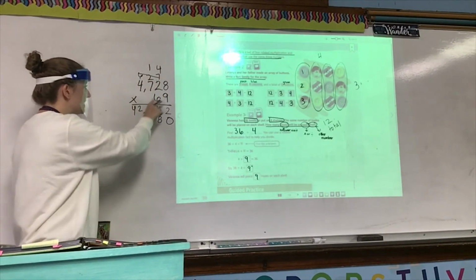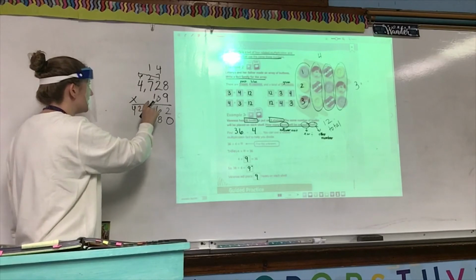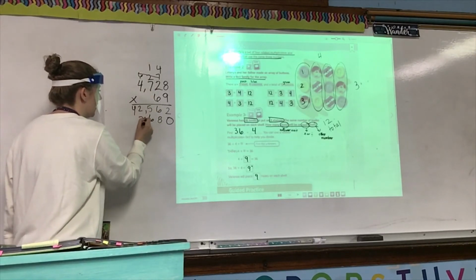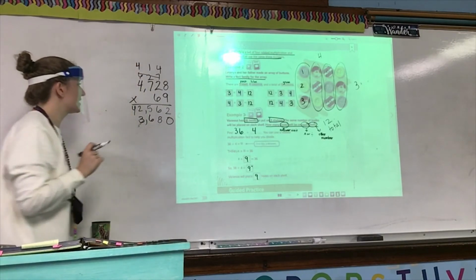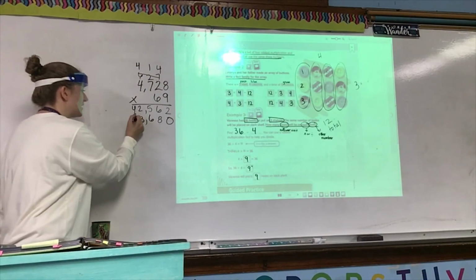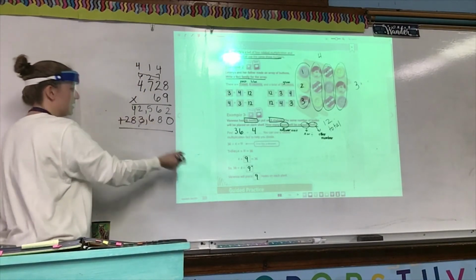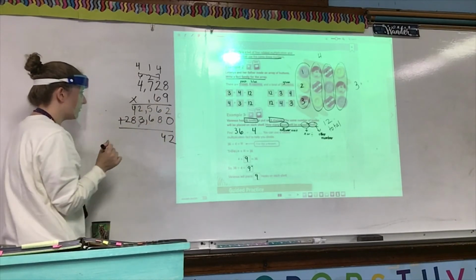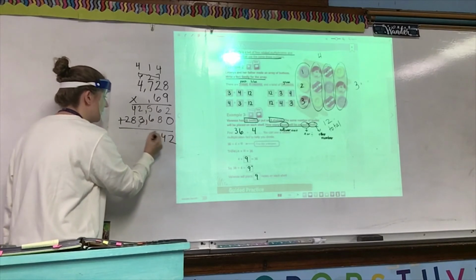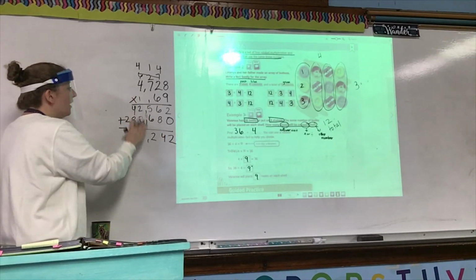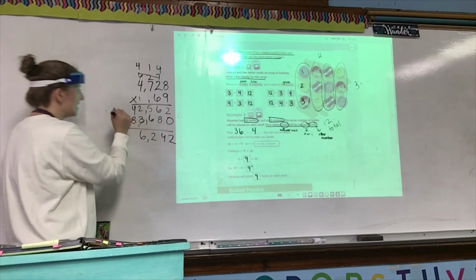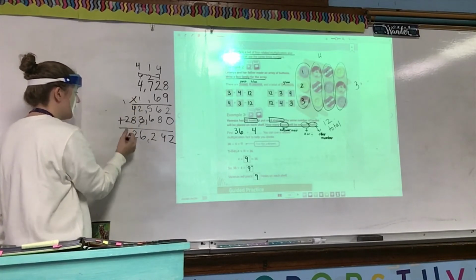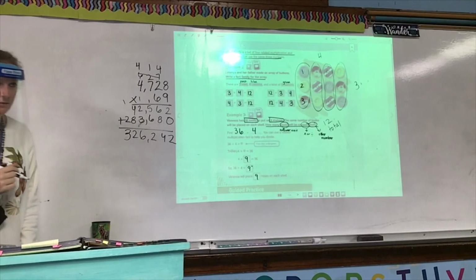Bring down my comma. 6 times 7 is, sorry, 42 plus 1 is 43. 6 times 4 is 24 plus 4 is 28. 2 plus 0 is 2. 6 plus 8 is 14. Regroup the 1. 5 plus 6 is 11. Plus 1 is 12. Regroup the 1. 3 plus 2 is 5. Plus 1 is 6. 4 plus 8 is 12. Regroup the 1. 2 plus 1 is 3.